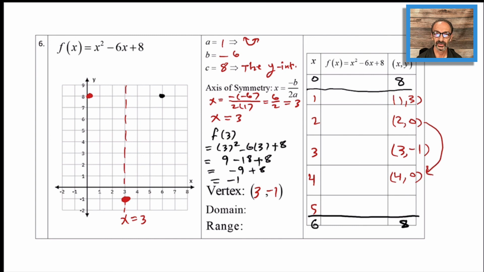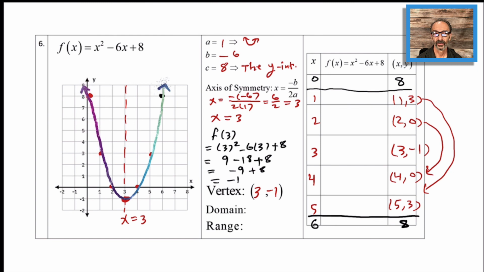Because of symmetry, 2, 0 will be the same like 4, 0, same level, same output. And because of symmetry, 1 took you up to 3, so 5 will take you up to 3. So, just to make it a clean graph, this is 5, 3, and this is 1, 3, 4, 0, and 2, 0.